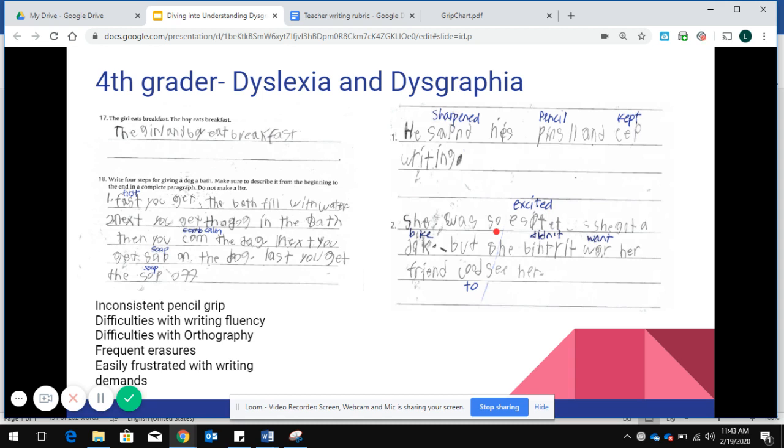It took him a long, long time to write sentences on his own and even when he was copying. So that's another characteristic that we have to consider, the rate and the automaticity when they're producing the letters. And again, it just comes down to that difficulty with the memory and remembering the way the letters are formed.